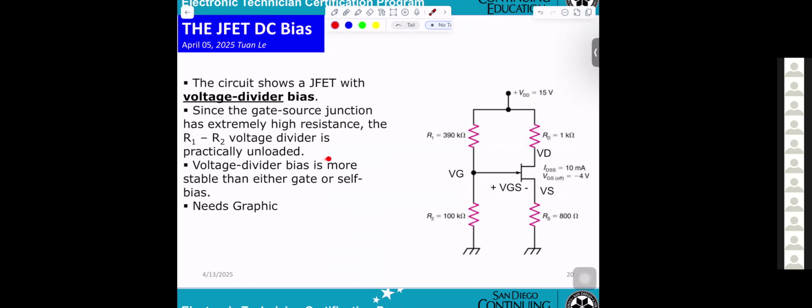Voltage divider bias is more stable than either gate or self bias. However, again, you will need a graphic. So normally they prefer voltage divider bias. But like self bias, it needs the graphic.